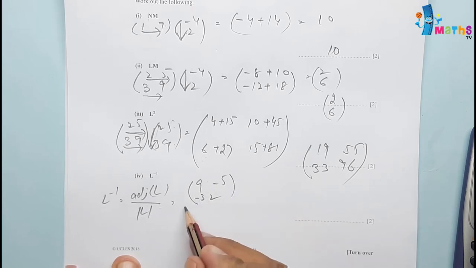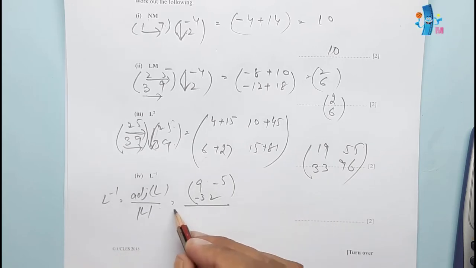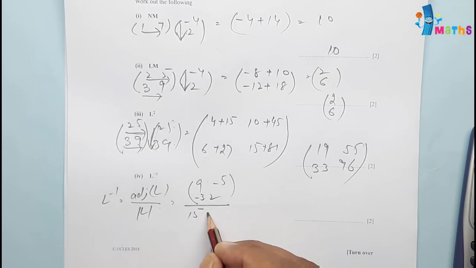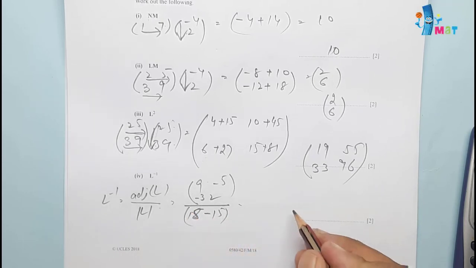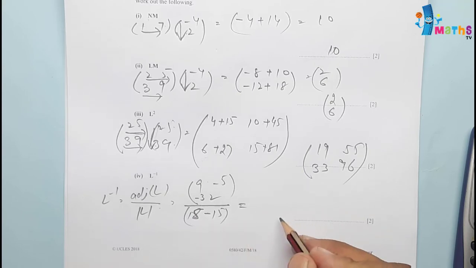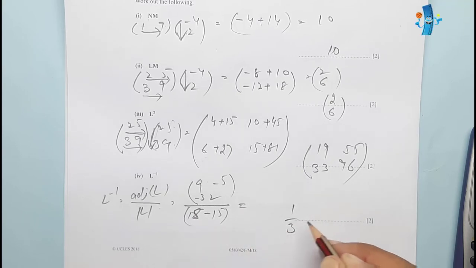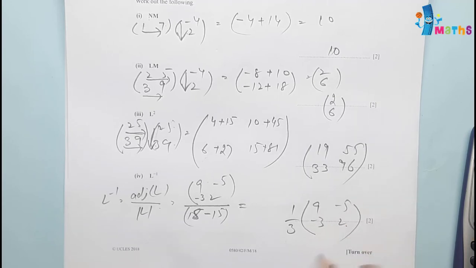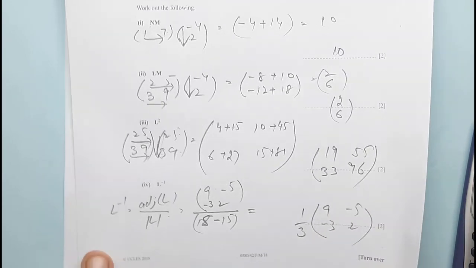So this is adjoint of L over mod L. Mod L will be 18 minus 15, so this will be equal to 3. So 1 over 3 we can write directly as the answer. 9 minus 5 minus 3 and 2. So this will be our answer.